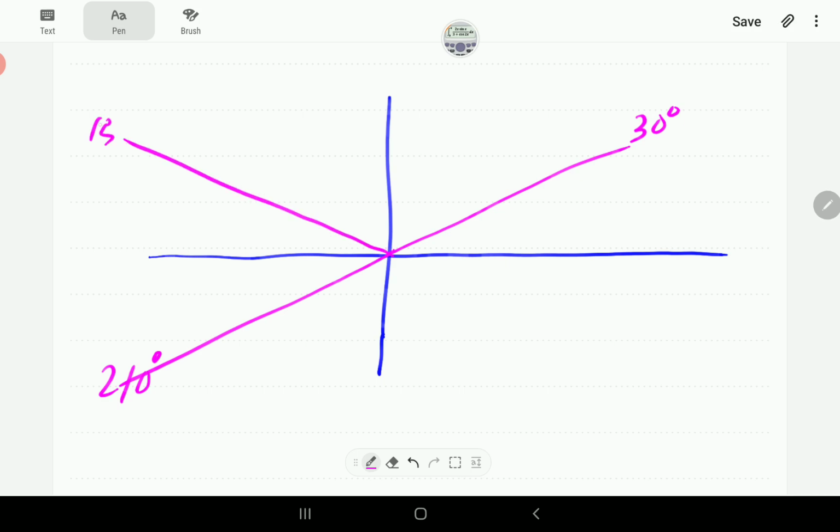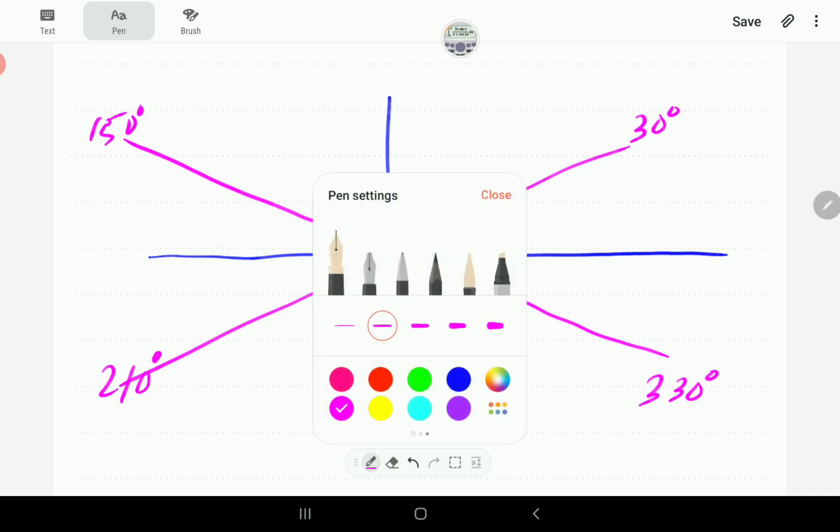Then on this side I'm going to have 150, and on this side I'm going to have 330. The thing connecting these four angles is that they all have a ref theta equal to 30.